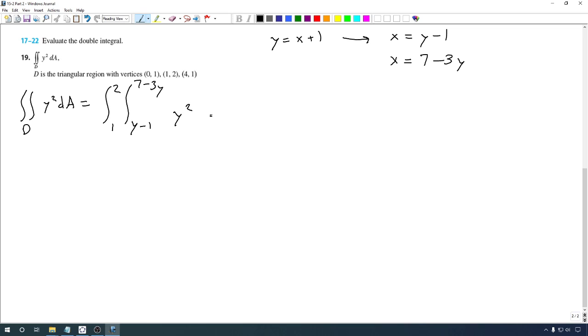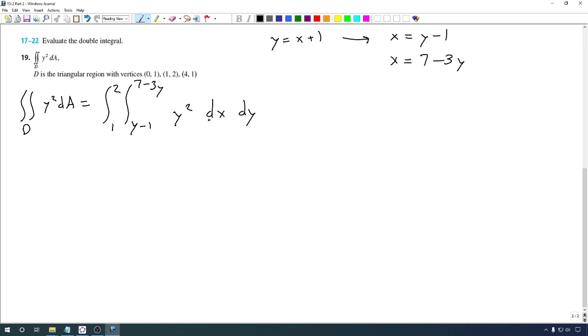We're integrating y squared dx dy. From this point on, the setup is already done. We just crank through the integration how we would before, just remembering to plug in functions when we get to them.